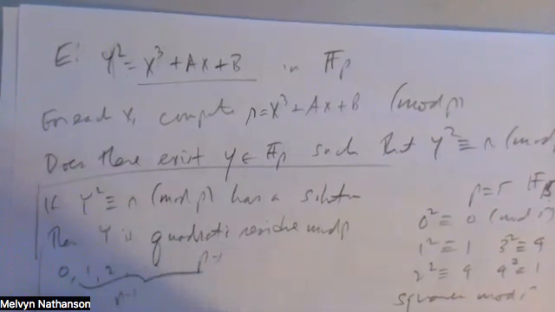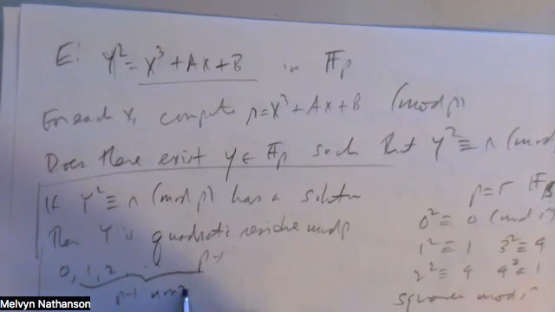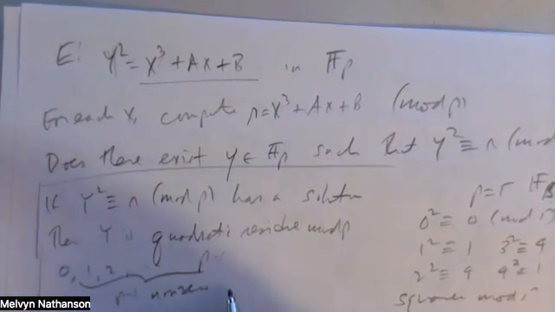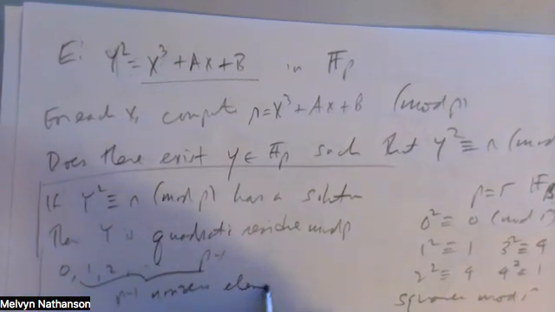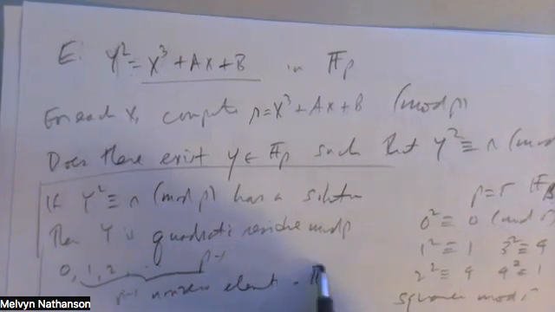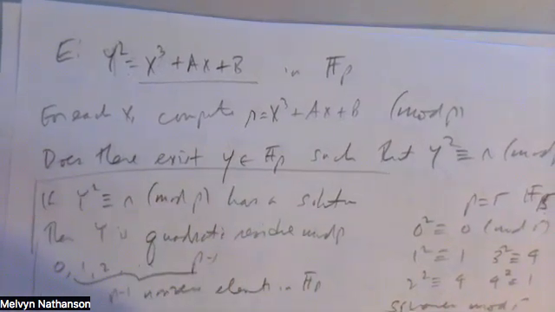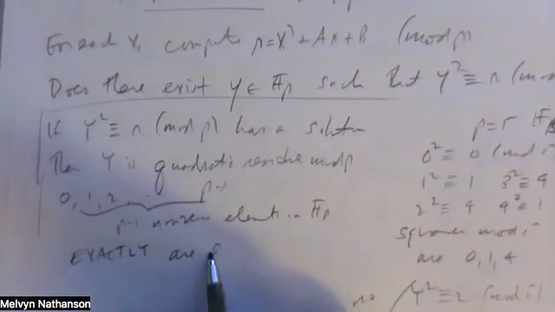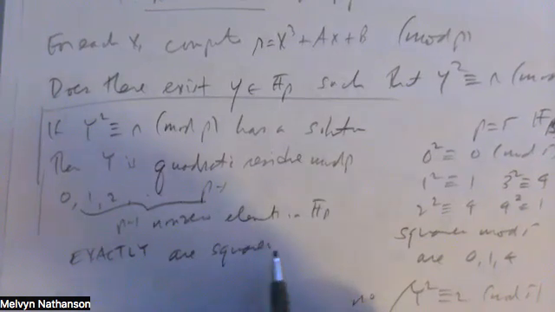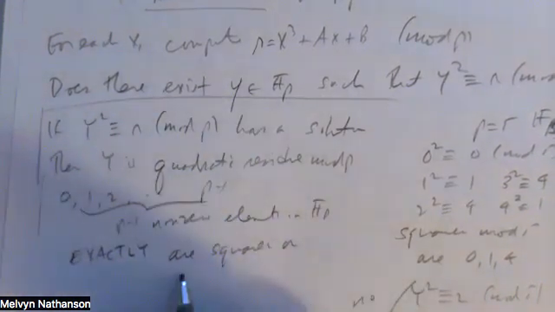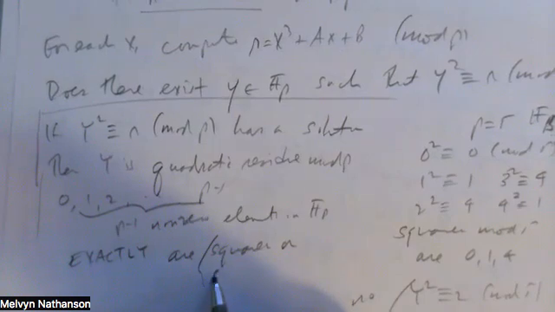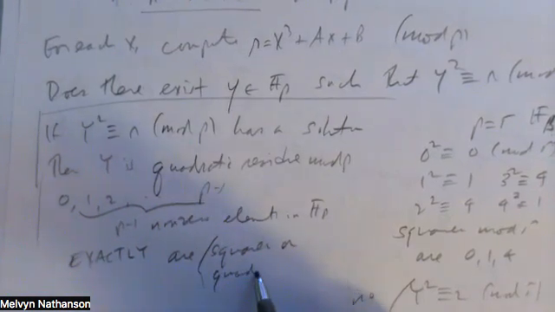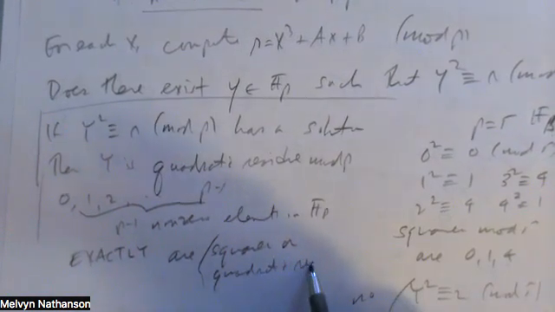There are p minus 1 non-zero congruence classes or elements in F_p, and exactly half are squares, or exactly half are quadratic residues.